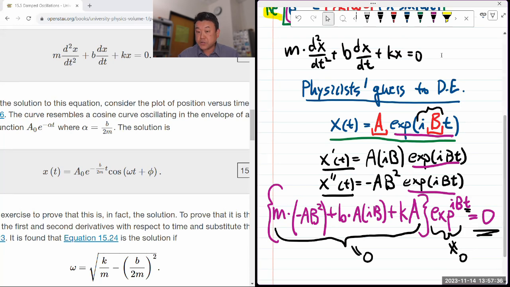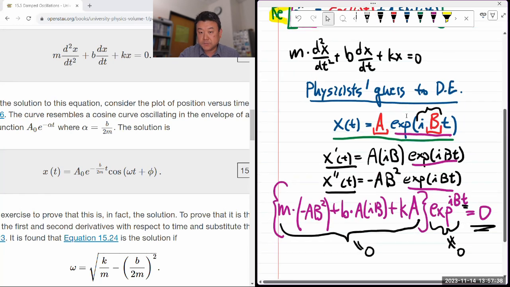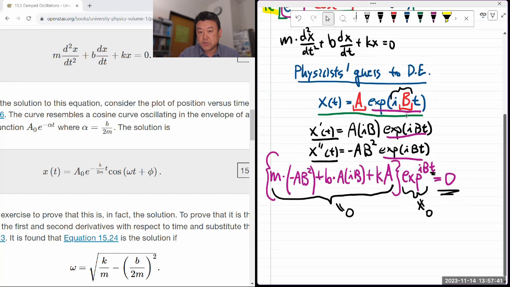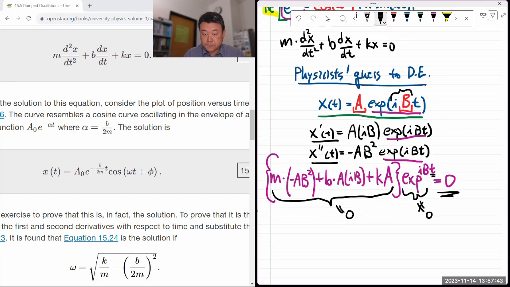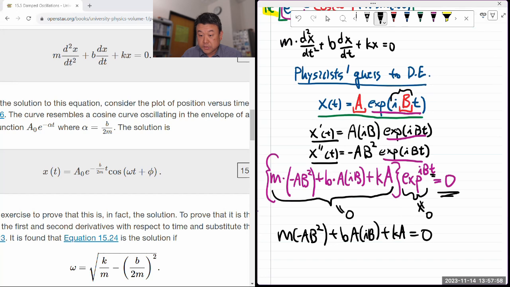So let me write that equation, and you will see a beautiful simplification once I have written it. I'm going to write m times minus ab squared plus b times aib plus ka is equal to 0.